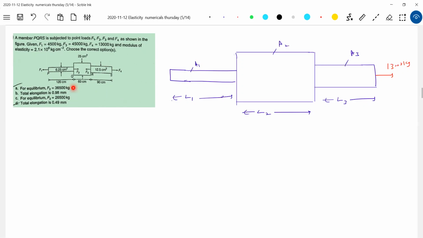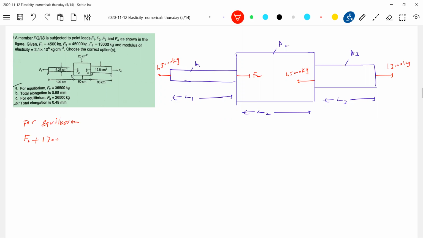Let's discuss equilibrium. For equilibrium, what are the forces? So here, how much? 4,500. What is F3? F3 is 45,000. So look at this. For equilibrium, how much should F2 be?